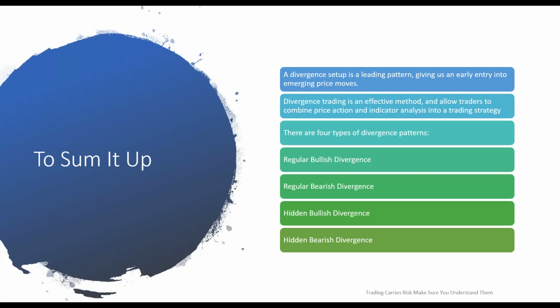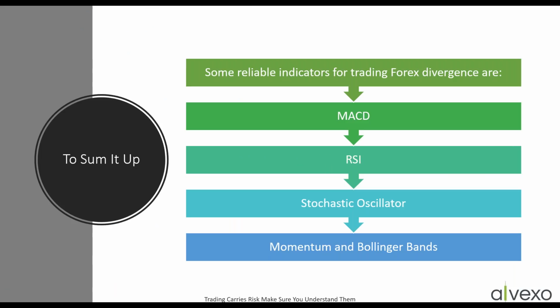So a divergence setup is a leading pattern giving us an early entry into an emerging price move. Divergence trading is an effective method and allows traders to combine price action and indicator analysis into a trading strategy. Remember, there are 4 types of divergence: bullish divergence, bearish divergence, hidden bullish, and hidden bearish.